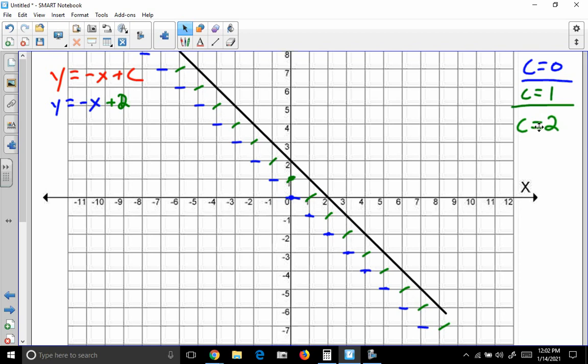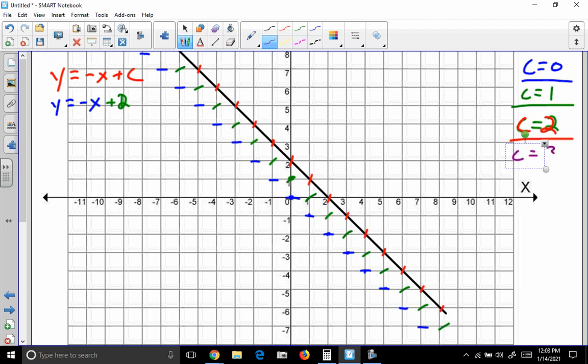And on that isocline, C is 2, meaning we have a slope of 2 on that line. So we have a steeper slope on this line. The actual line that we drew has a slope of -1, but the dy over dx on that line is 2.